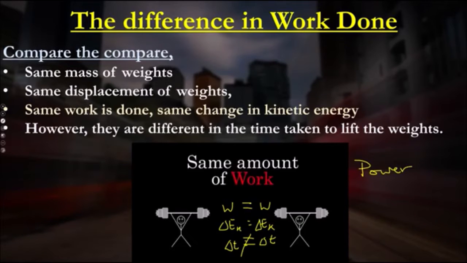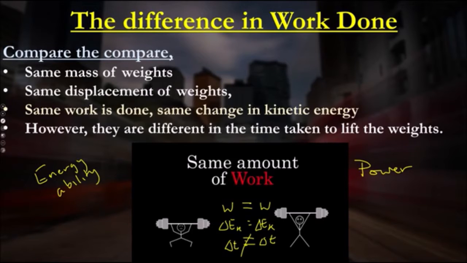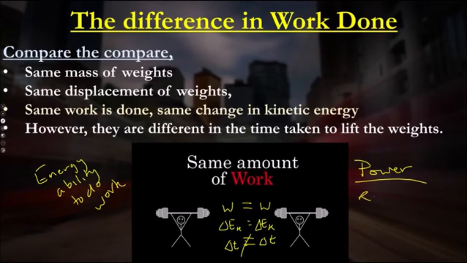So if you think of energy as the ability to do work, then power is the rate of energy that you use to do that work. So energy, ability to do work. Power is the rate of energy used.